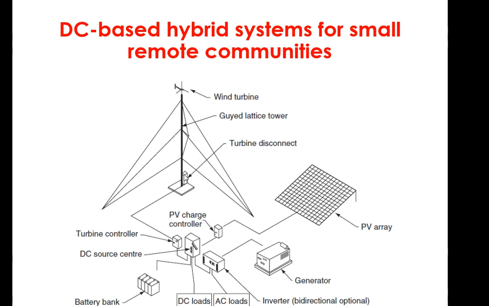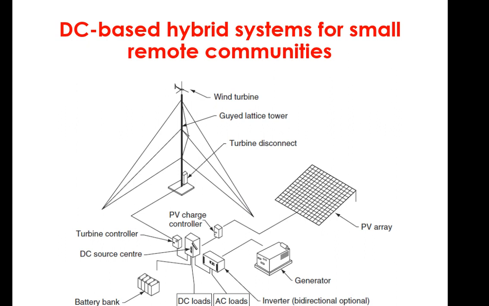We have the turbine disconnect switches, a turbine controller, DC source center, a battery bank or a bidirectional converter. Then we also have the PV array, which is connected with the PV charge controller, and ultimately we can fit the DC load as well as AC load together.